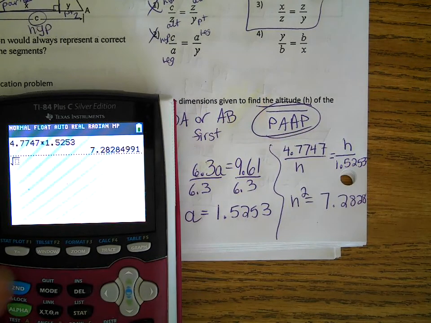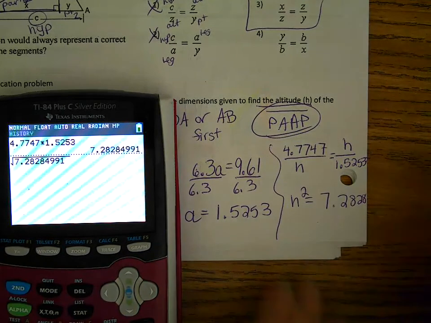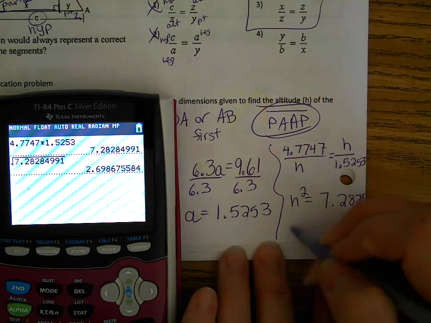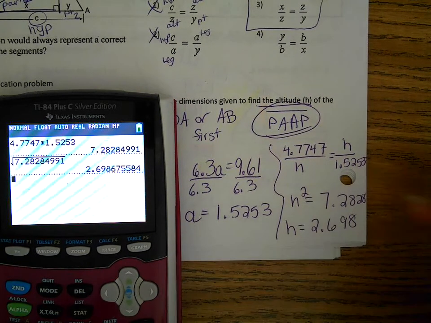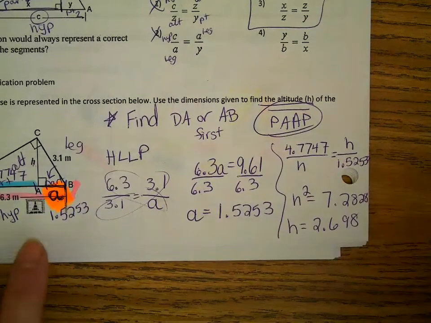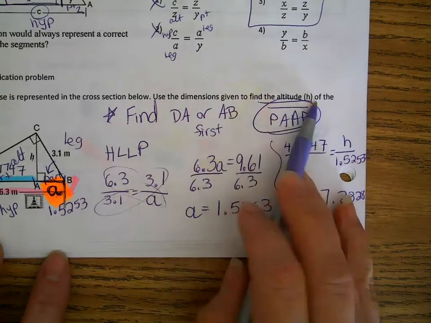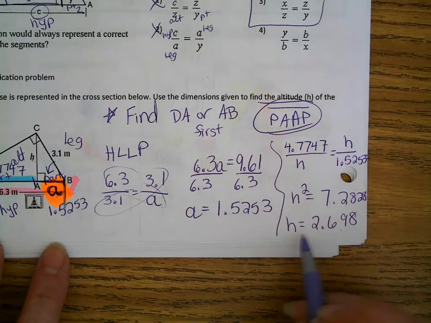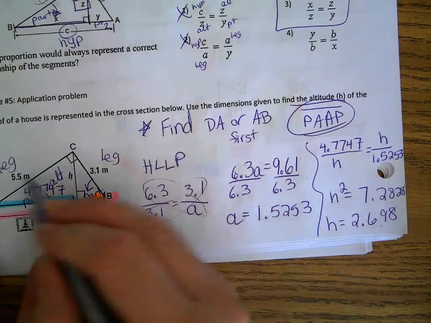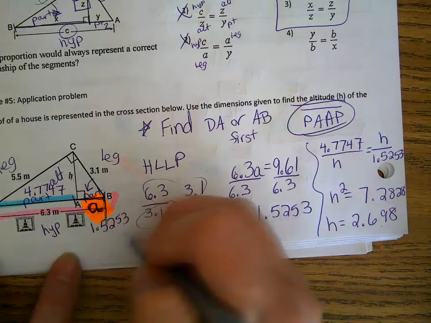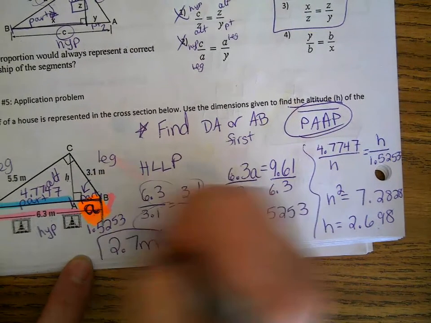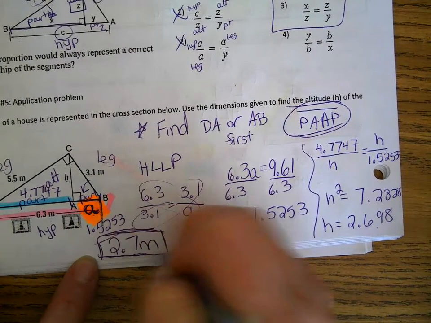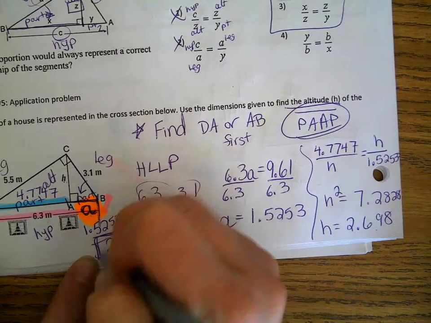Then we take the square root of that answer, and we get h equals 2.698. Now it asks us to find the altitude to the nearest tenth. So I'm going to round this to about 2.7 because they gave me only one decimal place. 2.7 meters is going to be our final answer for that case.